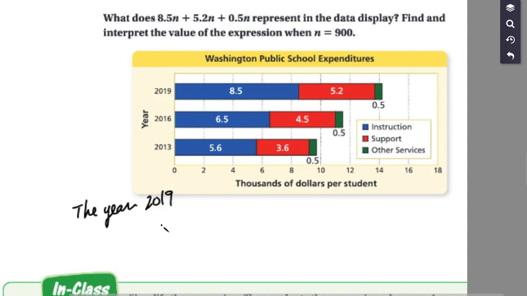So then we're going to take the 8.5n plus the 5.2n plus the 0.5n, and simplify that by adding together the like terms. So 8.5, 5.2, and 0.5, if we add those together, we're going to get 14.2n.